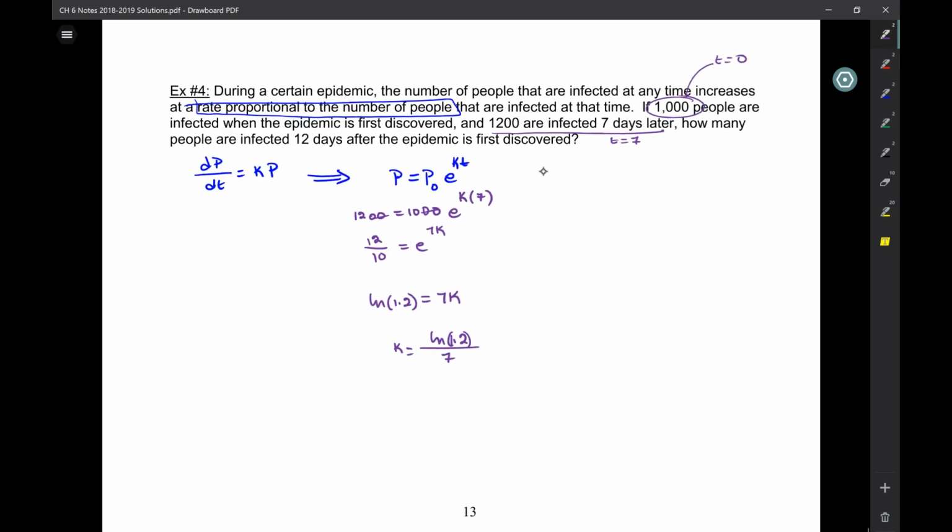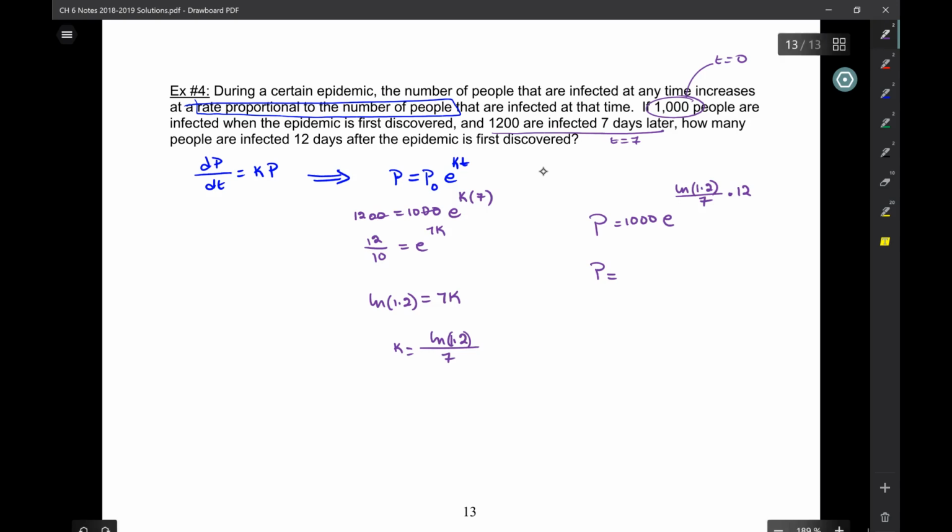Almost. So now what's P? It's 1,000 e to the ln of 1.2 over 7, times 12. So how much is that? More than 1,300.